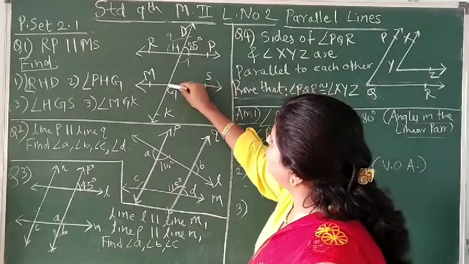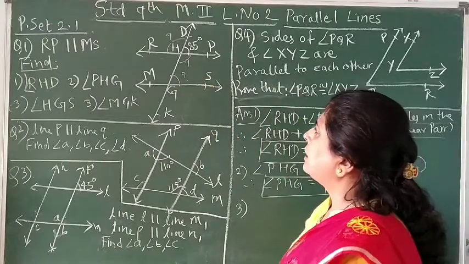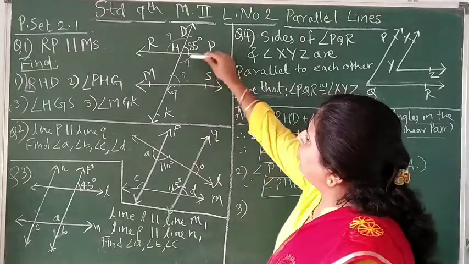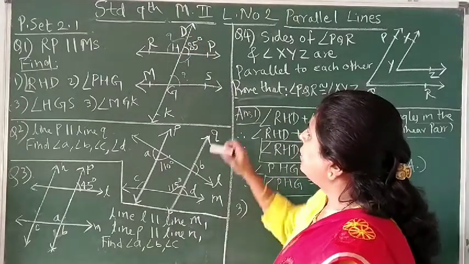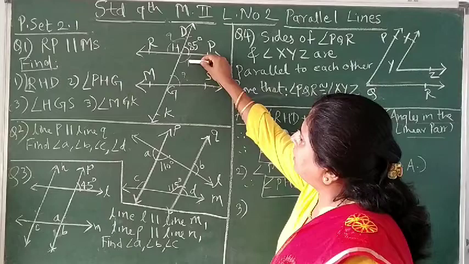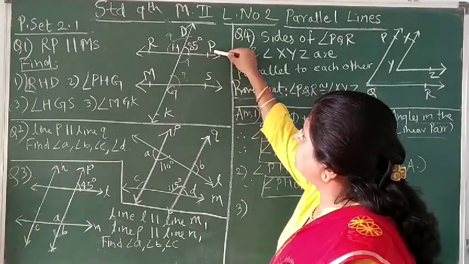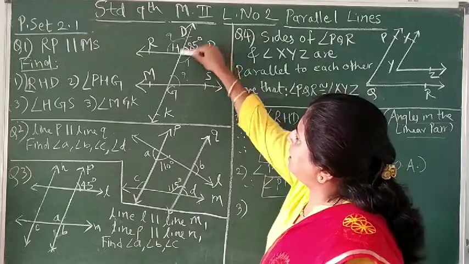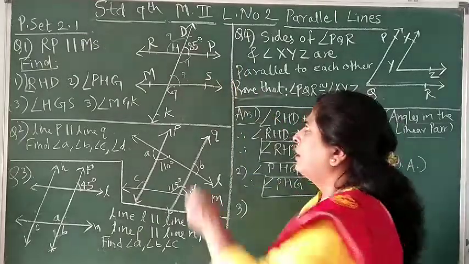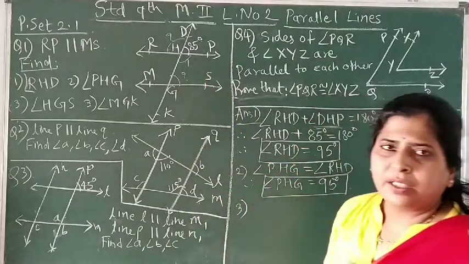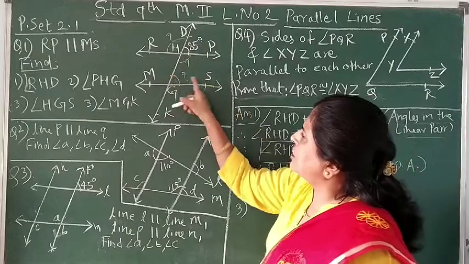This is HGS. Now we have to find this angle. What is the relation of this angle HGS with any one of these 3 angles which we now know? These 2 angles are interior angles, they are supplementary, or you can say these 2 angles, DHP and HGS, are corresponding angles, and corresponding angles are congruent, interior angles are supplementary. Either way, we can find the answer of angle HGS.